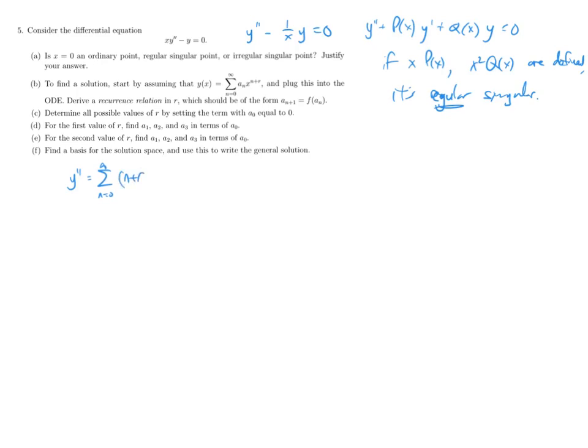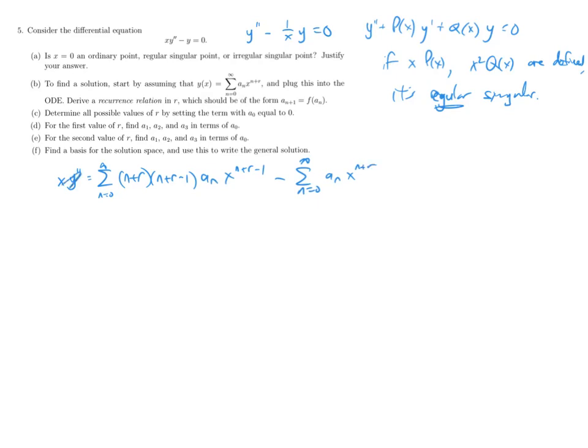I'm going to put an x right there, so x times that, and minus the sum from n equals 0 to infinity of a_n x to the n plus r.